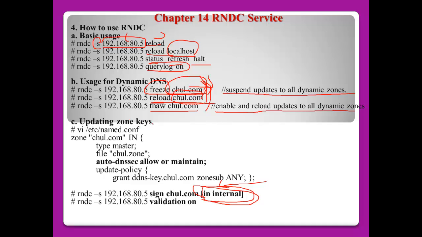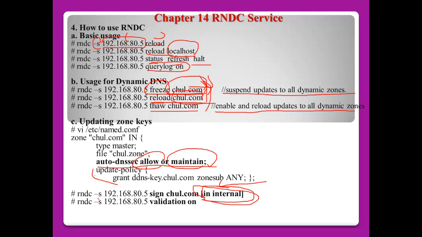And updating zone keys, if you want to update the zone keys. In the previous video I already explained about this one, update zones. So in this case, if you want to permit updating zone keys, then you have to add auto-dnssec allow or maintain.